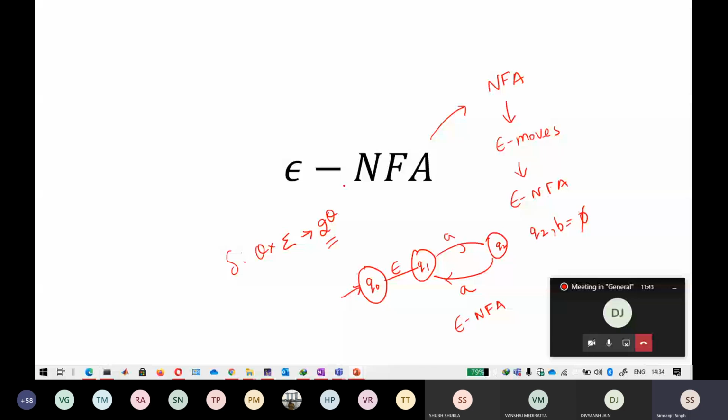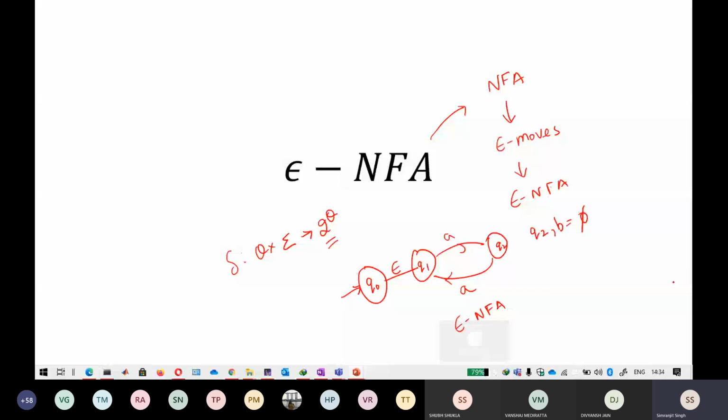Okay. So again, if you remember the transition function of NFA, it maps a set of states and an input alphabet towards the power set of states. Any NFA can be converted into a DFA, and any simple NFA can be converted to an epsilon NFA.